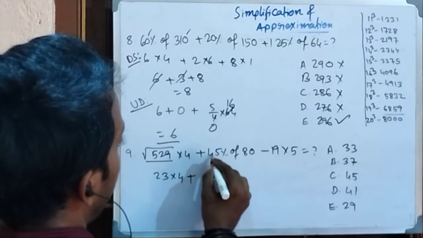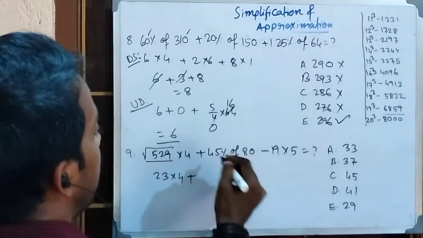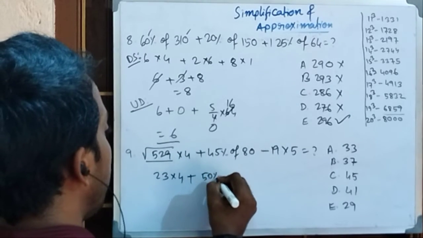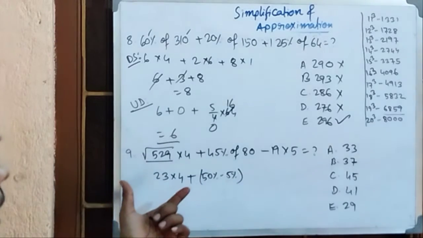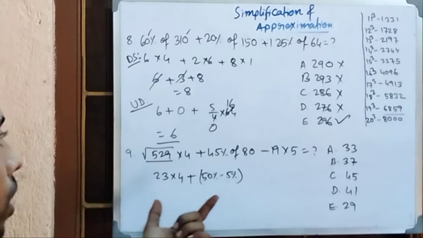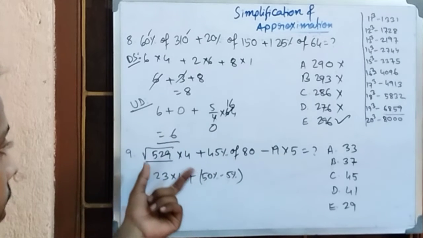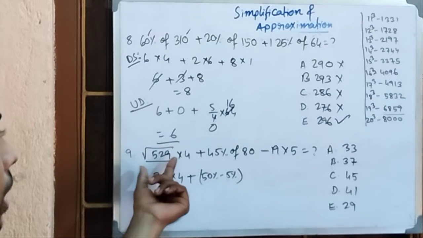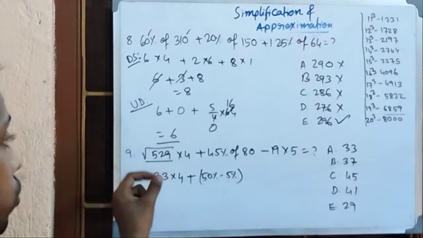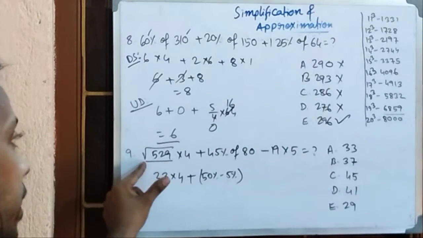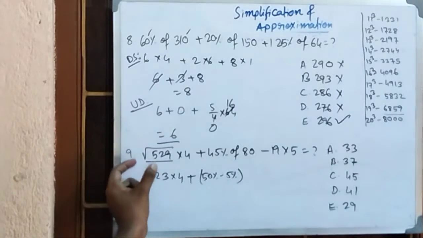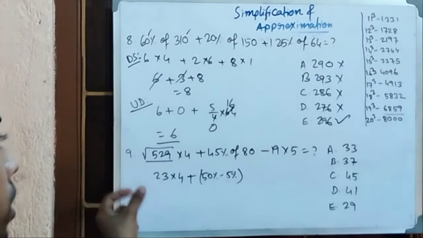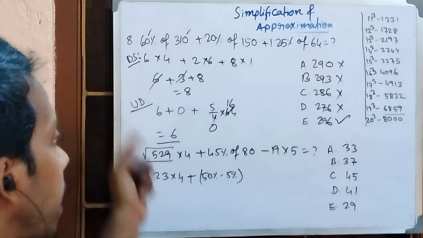Plus 45% of 80. Here what I will do, 50% minus 5%. I am just doing it without taking the unit digit or digit sum value. Or you can check that in this square root term we cannot use DS or UD. So I have to make it in integer form, or find out the base value of this square number, so that we can use DS and UD here.